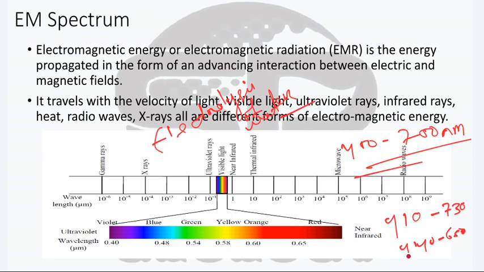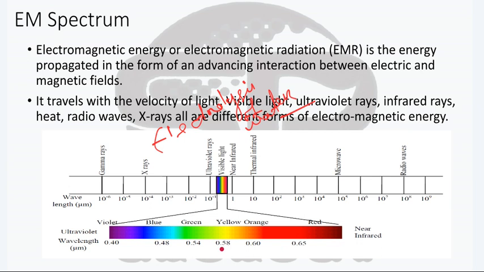This is the wavelength of the visible spectrum, where red is the wave which has higher wavelength. So can you say why red light is used in traffic signals for stopping? Why do they not use green light for stopping? Why is green light for moving? Yes.